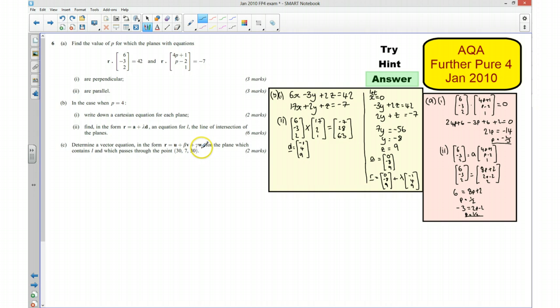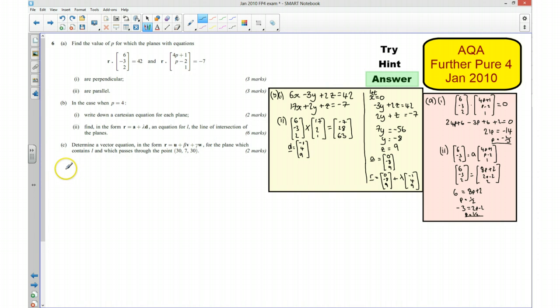So the only other bit of information I need is another direction vector. Well, because I know that this passes through the point 37, 30, and it also passes through the point 0, negative 8 and 9, then I can find another direction vector.